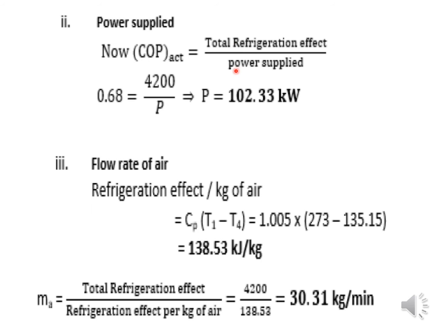How to find out power supplied here? This is actual power, this one we have calculated as 0.86. Total refrigeration effect is 20 TR. 20 TR is converted to 4200. If you divide by 60, you will get it in kilowatt. So power is coming around 102.33 kilowatt, right?